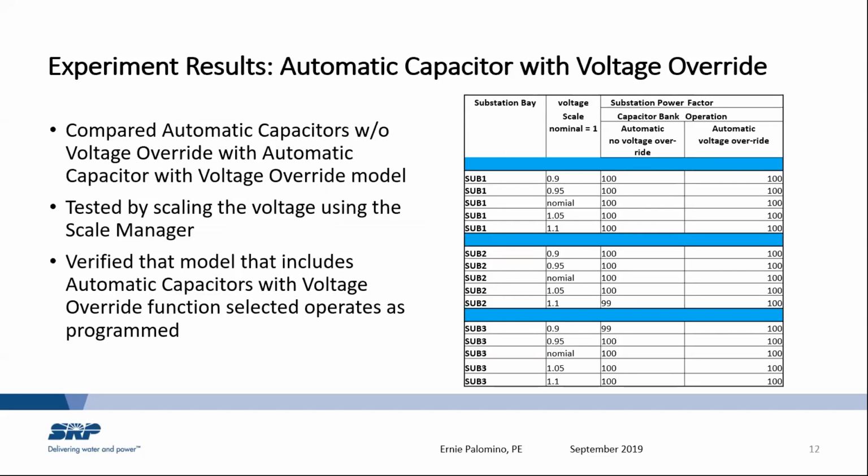Well, you notice that in both cases, you get unity power factor, which makes sense because in the previous slide, I just showed that once you use switch capacitors, you do get unity power factor at the substation. So this doesn't really tell me, it tells me I get the unity power factor, but I still don't know, is voltage override happening or not?